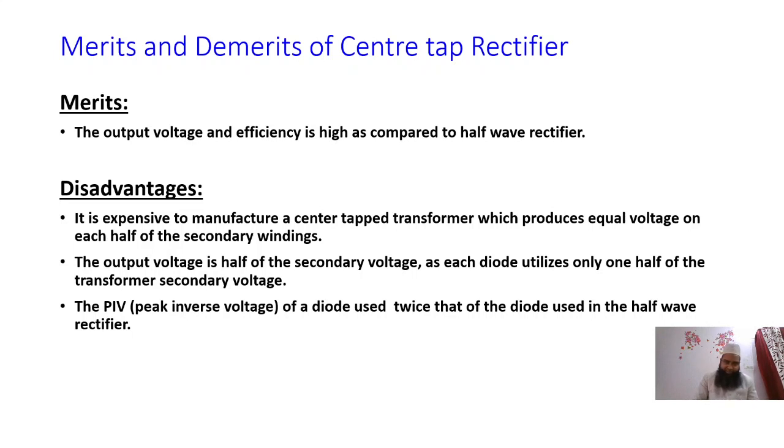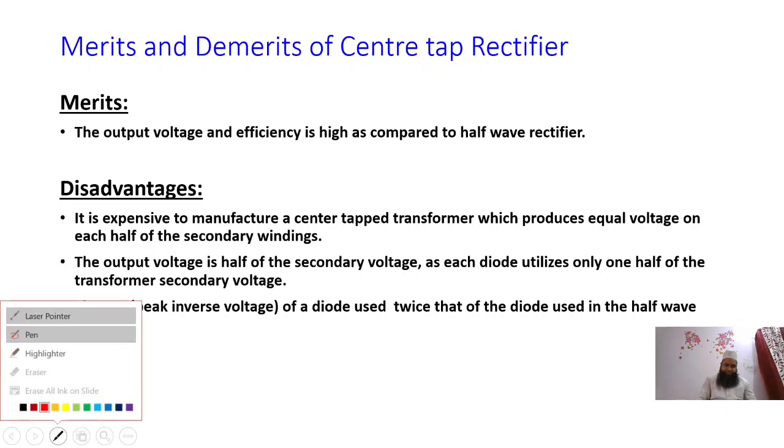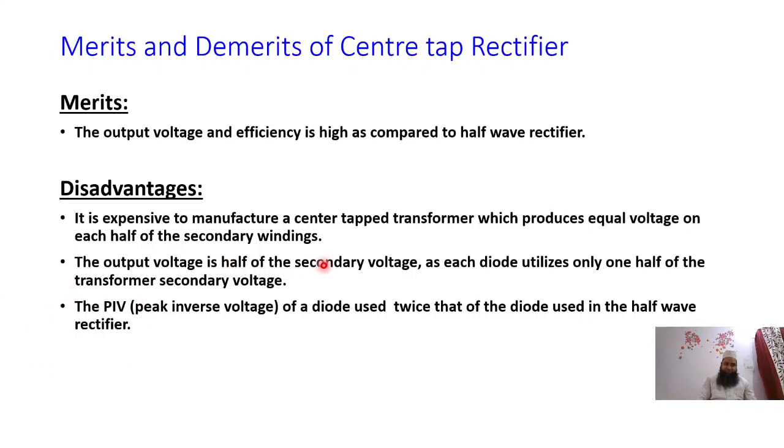Now, what are the merits and demerits? The merit is that the output voltage and efficiency are high as compared to the half wave rectifier, but the disadvantage is that it needs a center tap transformer, which is difficult to manufacture, and it is difficult to locate the center point at the secondary which produces equal voltage.